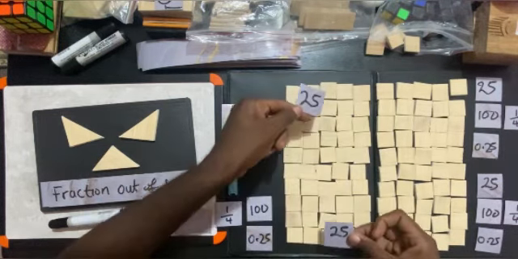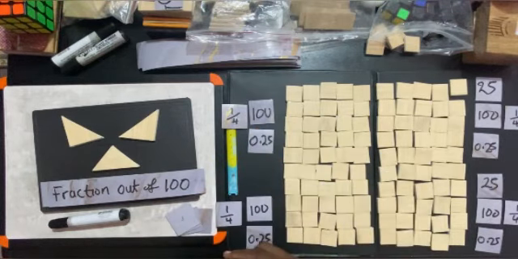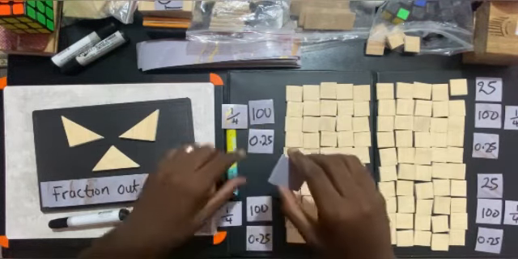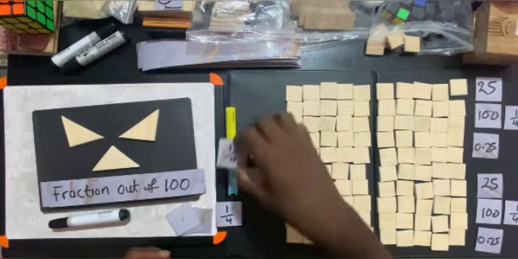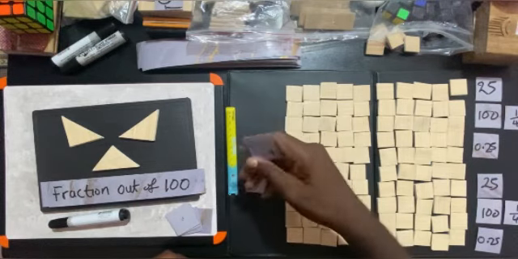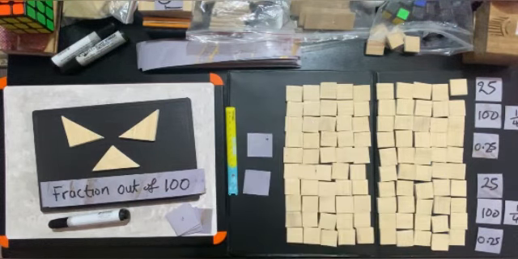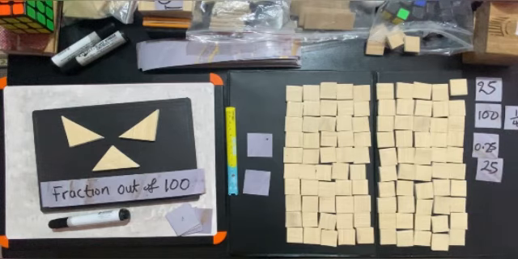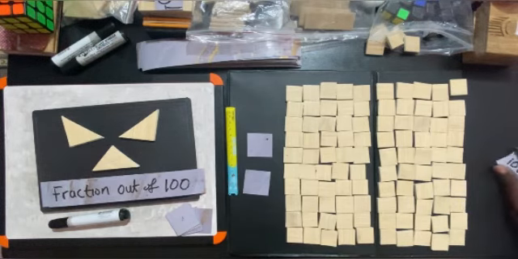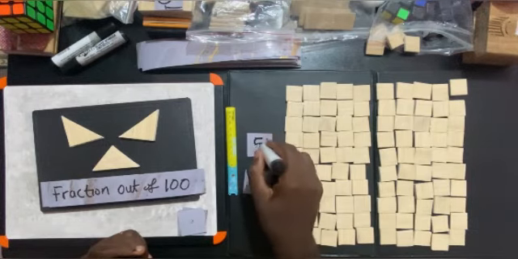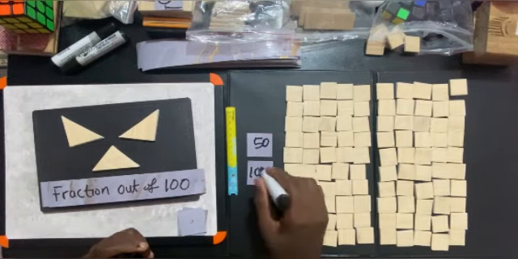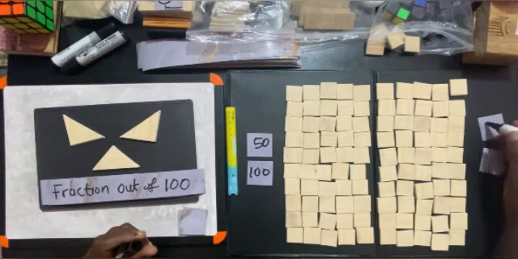This is the 25 together. So this now becomes 50 out of 100. This is also 50 out of 100.